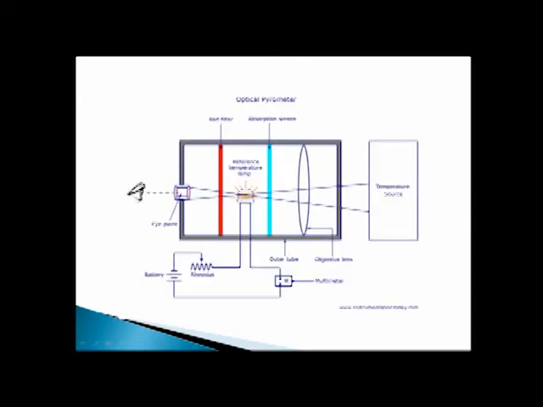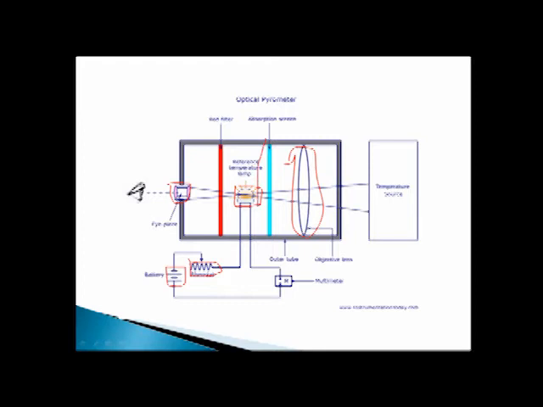As shown in the figure, an optical pyrometer has the following components: an eyepiece at the left side and an optical lens on the right, a reference lamp which is powered with the help of a battery, a rheostat to change the current and hence the brightness intensity, so as to increase the temperature range which is to be measured.